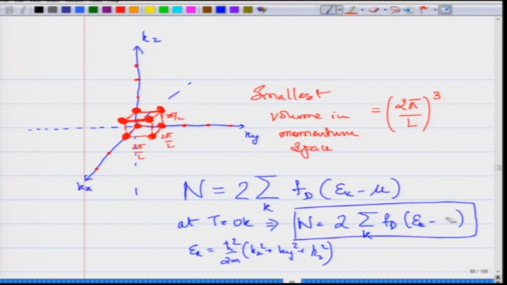I am sorry, instead of mu we will replace it with the Fermi energy.